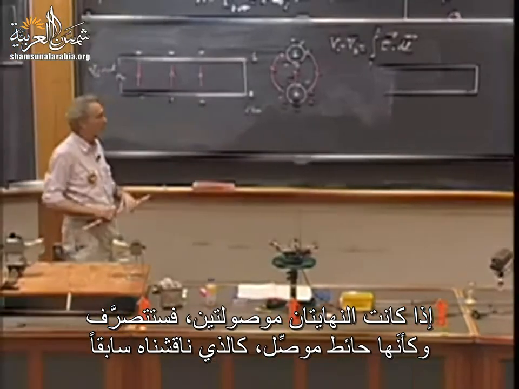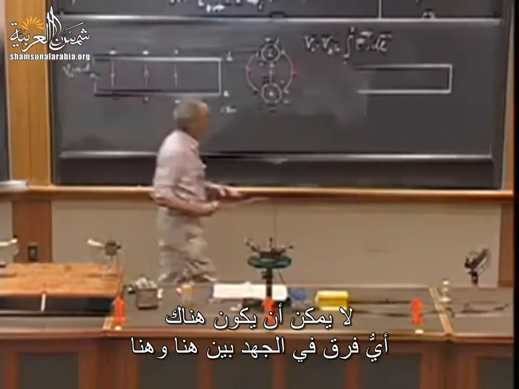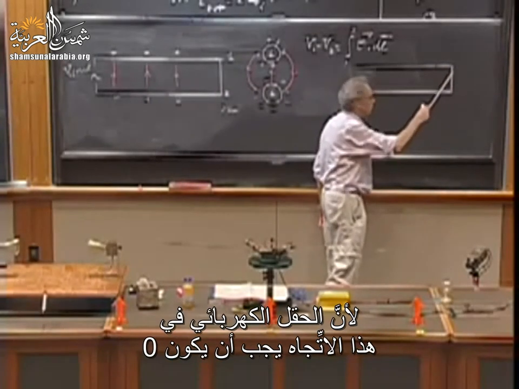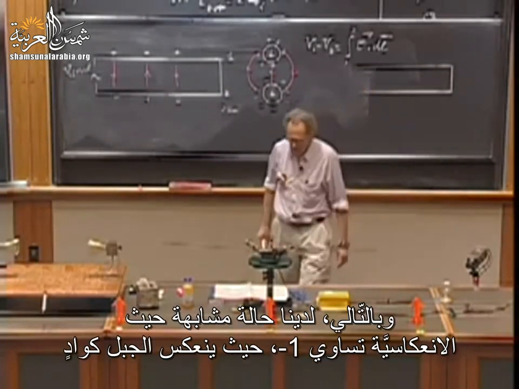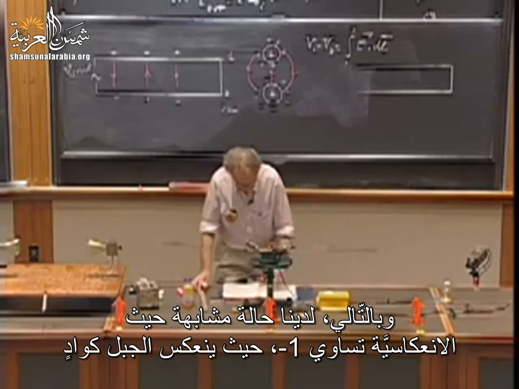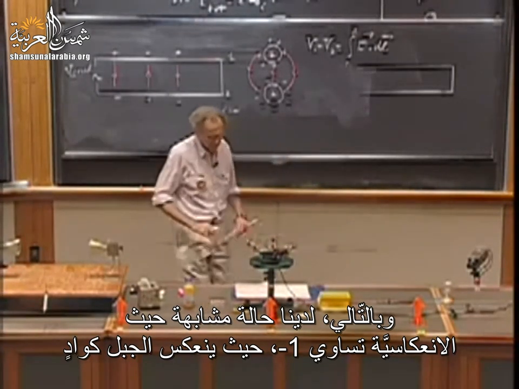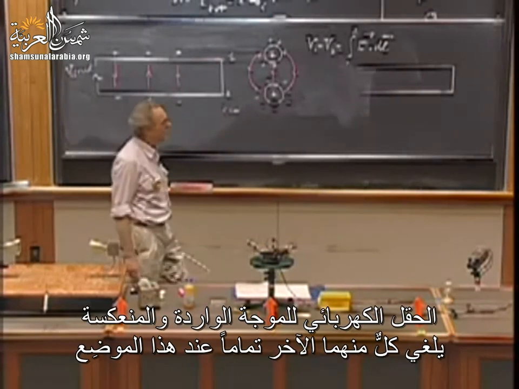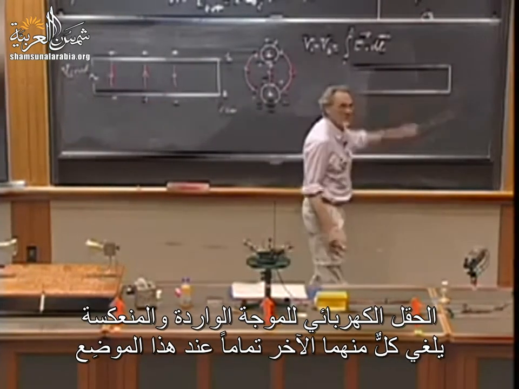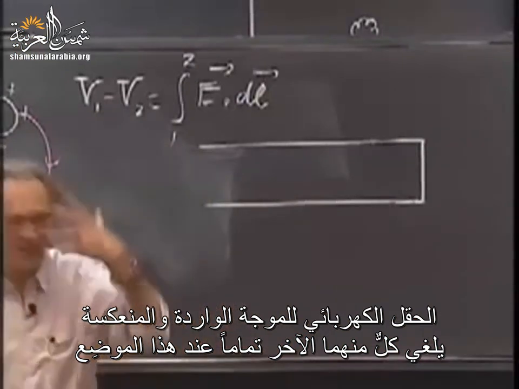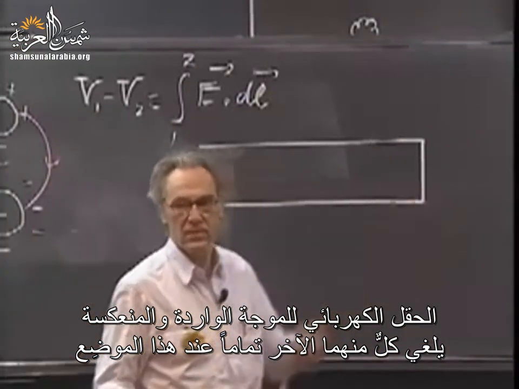If it is shorted out, it acts like a conducting wall, just like with what we discussed before. There cannot be any potential difference between here and here, because the E field in this direction must be 0. And so you get a similar situation that the reflectivity is -1, that the mountain comes back as a valley, so that the E field of the incident one and the E field of the reflected one kill each other exactly at this location.